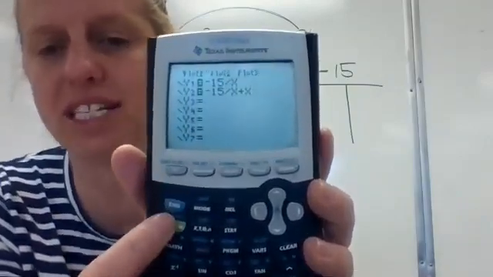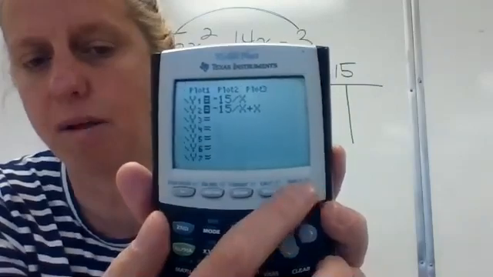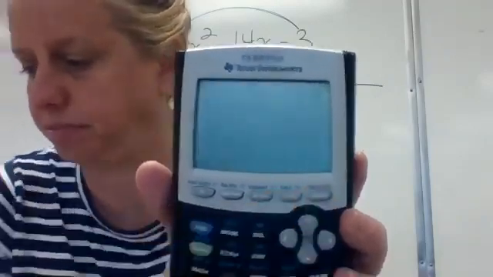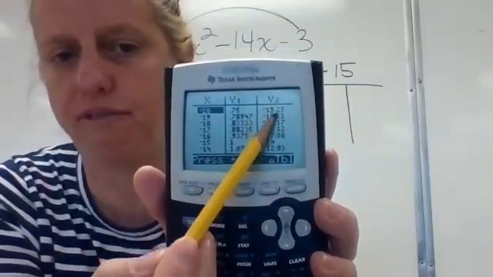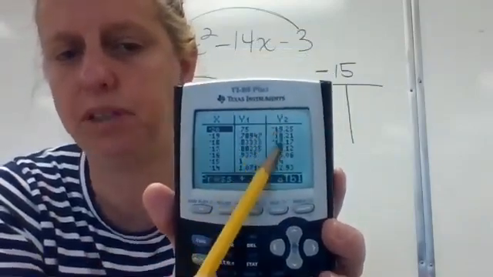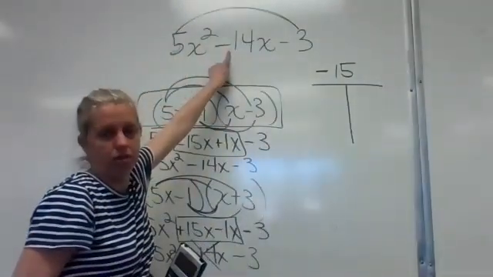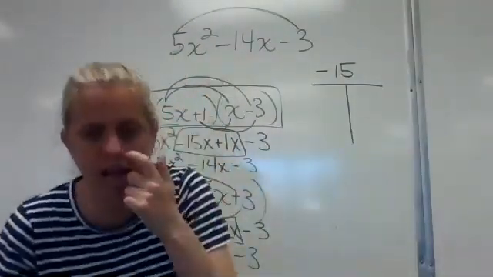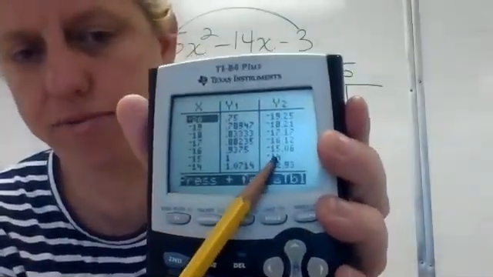Now what we want to do is see the table. So hit second, and then come up here and hit this table button. Okay, remember where you're looking. You are looking in the very last column for this middle number. So I'm looking for -14 in the very last column, and I see it right here.